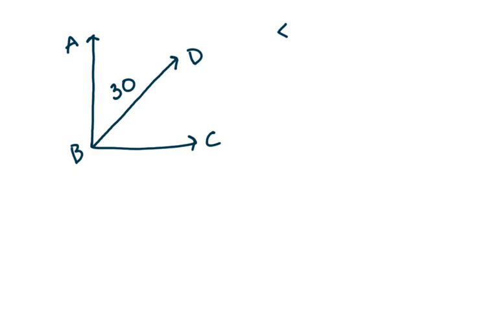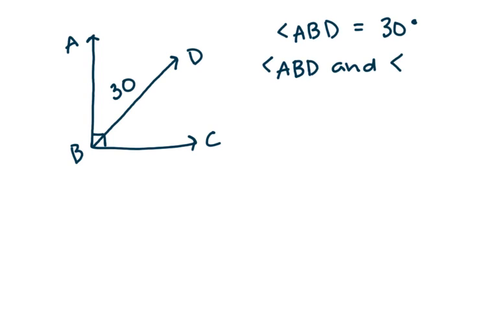So I said angle ABD is equal to 30 degrees. And then I told you that angle ABD and angle CBD are complementary. So both of those statements are given.